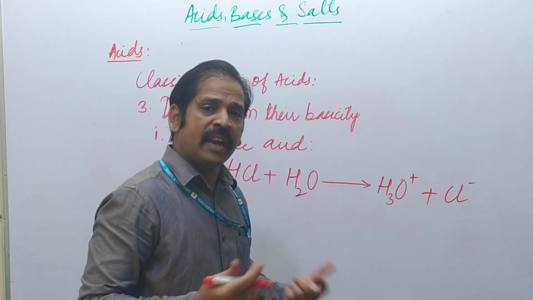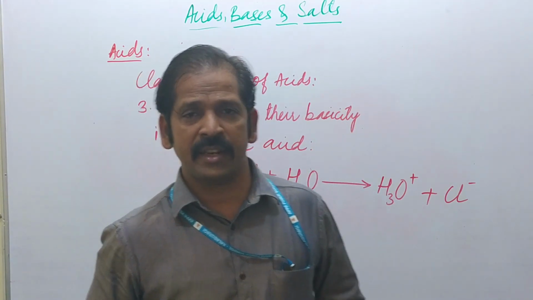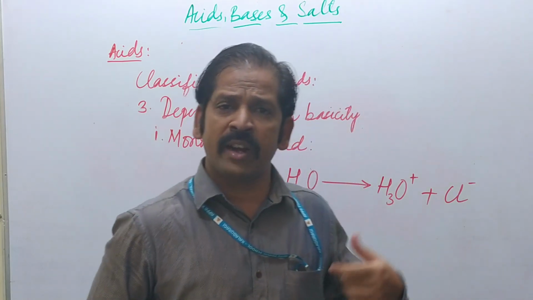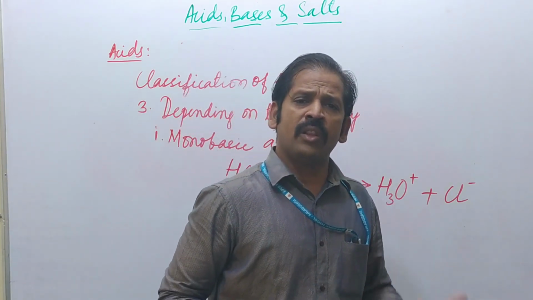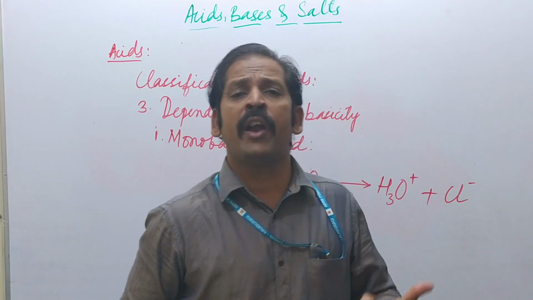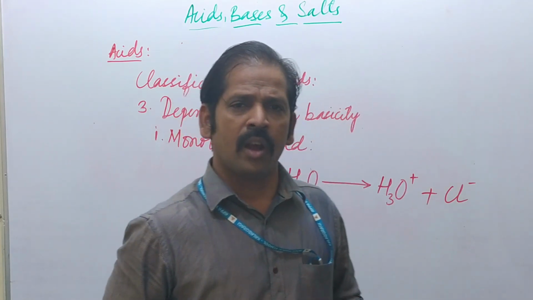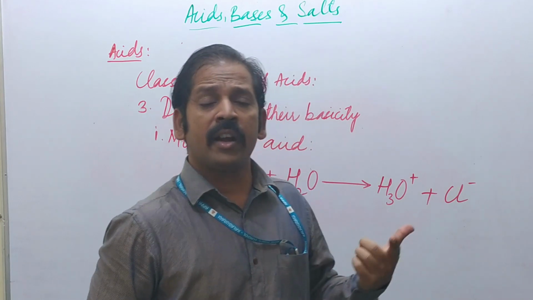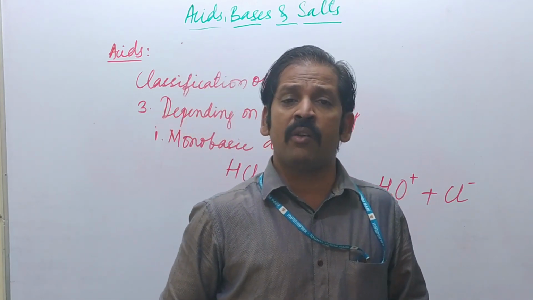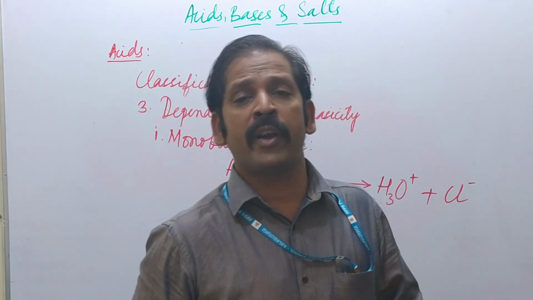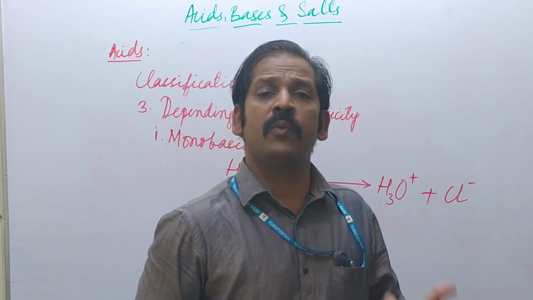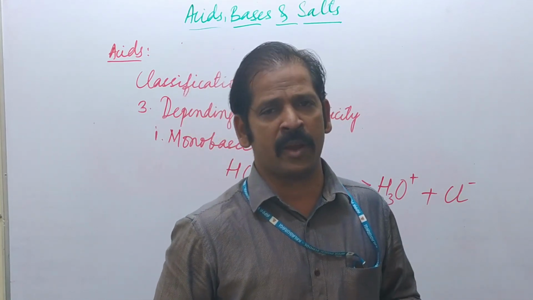Okay. The second one is dibasic acid. What is dibasic acid? Now we are going to get two hydronium ions. How do we get two hydronium ions? An acid must have at least two hydrogen atoms. Then only will we get two hydronium ions.